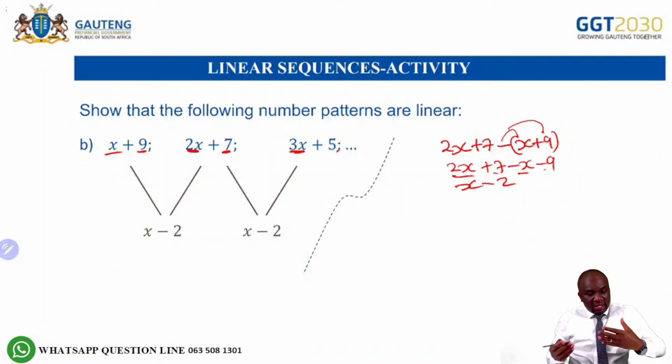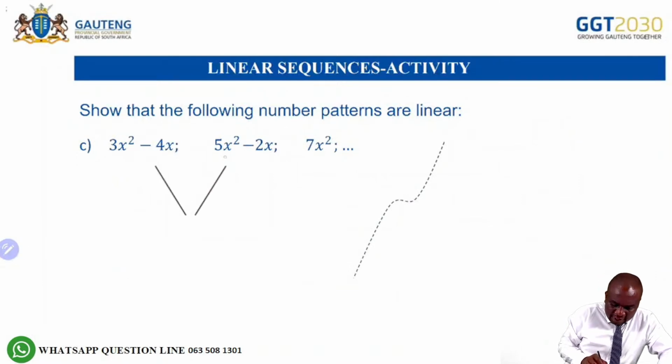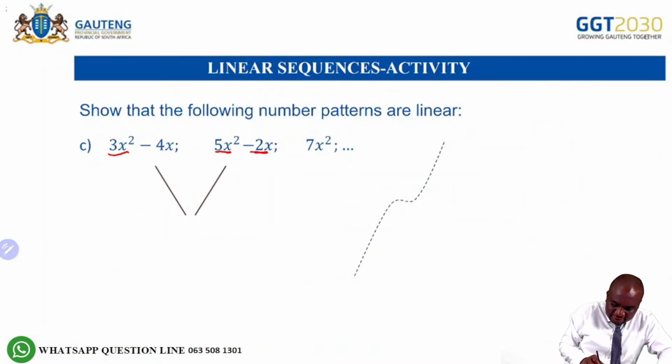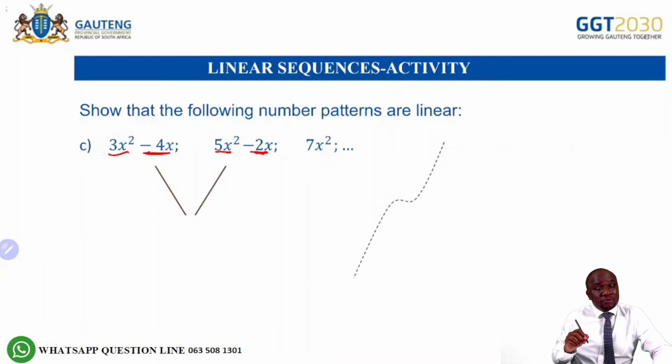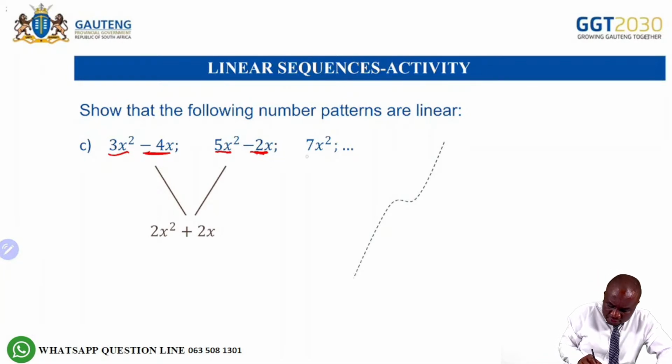And then C, I'm going to show you because we're repeating the same thing. We say 5x² minus 3x² is 2x². And then, be careful here, negative 2x minus negative 4x becomes negative 2x plus 4x, which is positive 2x. So we have 2x² + 2x. And then we come to term 3.